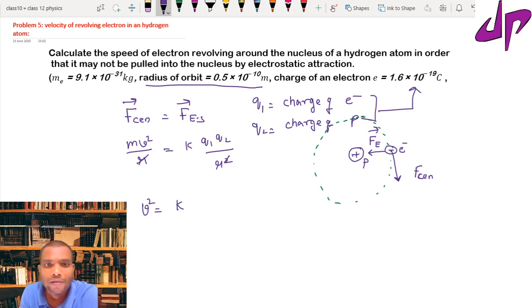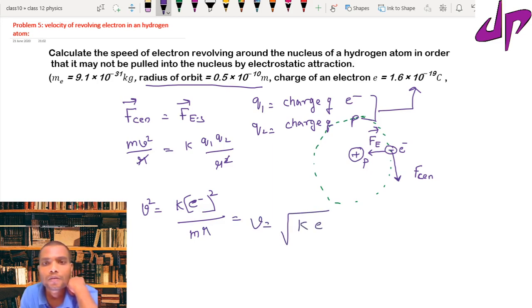Since they both have the same charge, I will write that as e square, by m which comes downstairs, and r remains here. Now if you take the under root, v equals under root of k times e square divided by m times r.